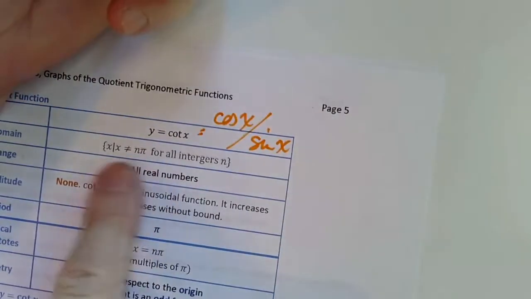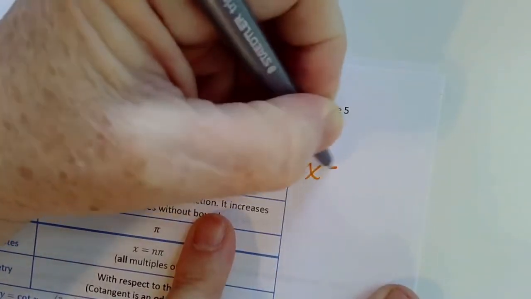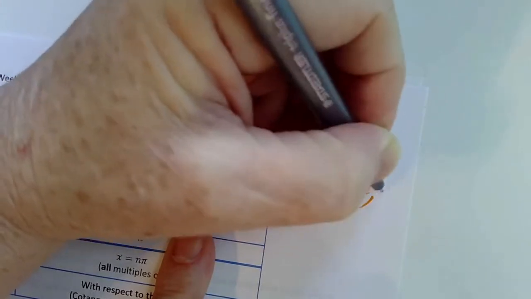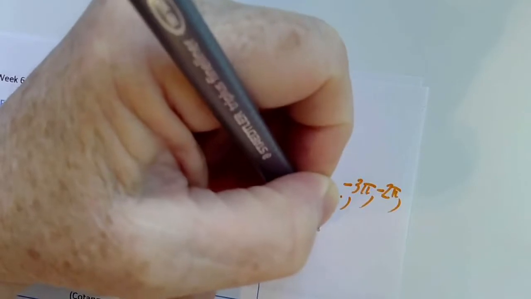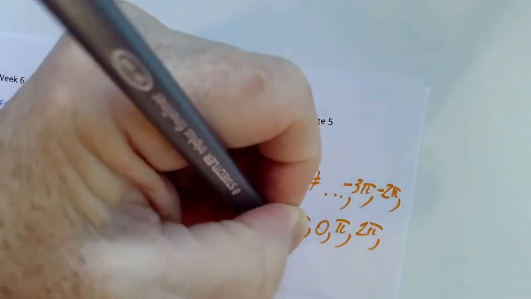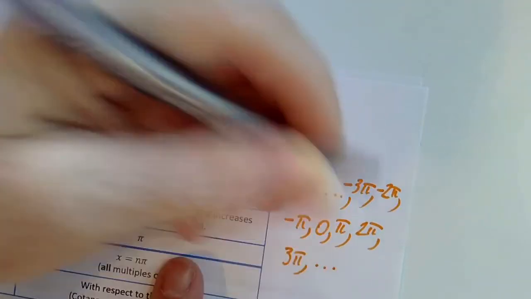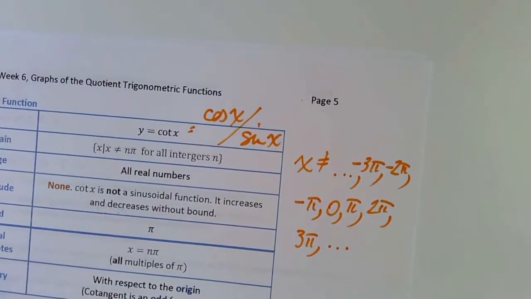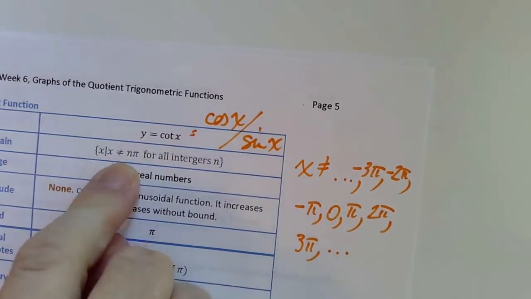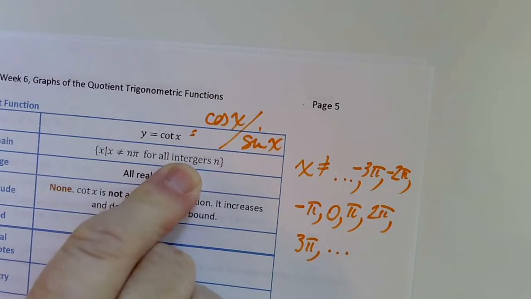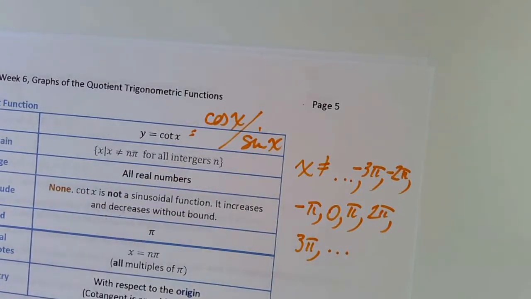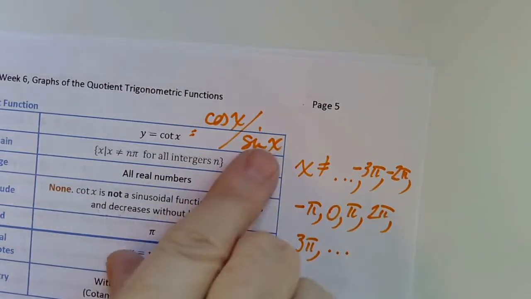So this notation means x cannot be ... negative 3 pi, negative 2 pi, negative pi, 0, pi, 2 pi, 3 pi, ... So every single integer number times pi, so negative 1, negative 2, 1, 2, 3, and 0.